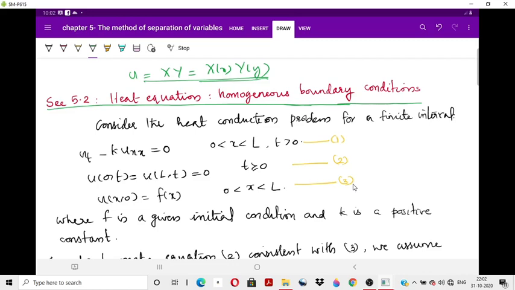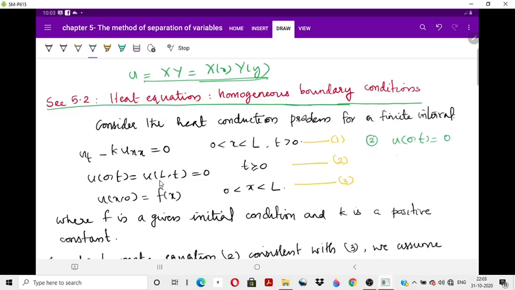This is because from equation 3, u(x,0) is equal to f(x), then u(0,0) will be f(0). And from equation 2, we have u(0,t) is equal to 0.